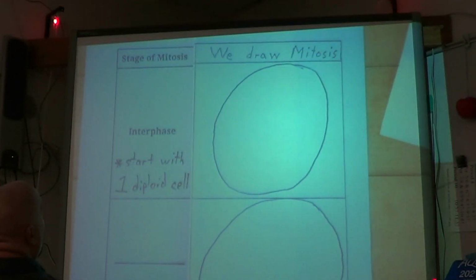All right, so mitosis is something we expect you to know, we expect you to be able to draw. We're telling you that this cell starts in interphase. That's where we're telling you to start the cell cycle. And when we draw a cell in interphase, we have a diploid cell, and it's going to have some genetic information.